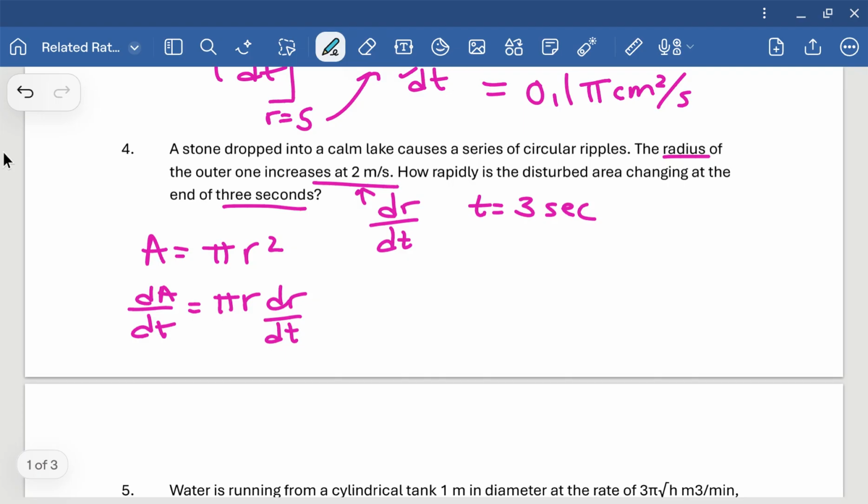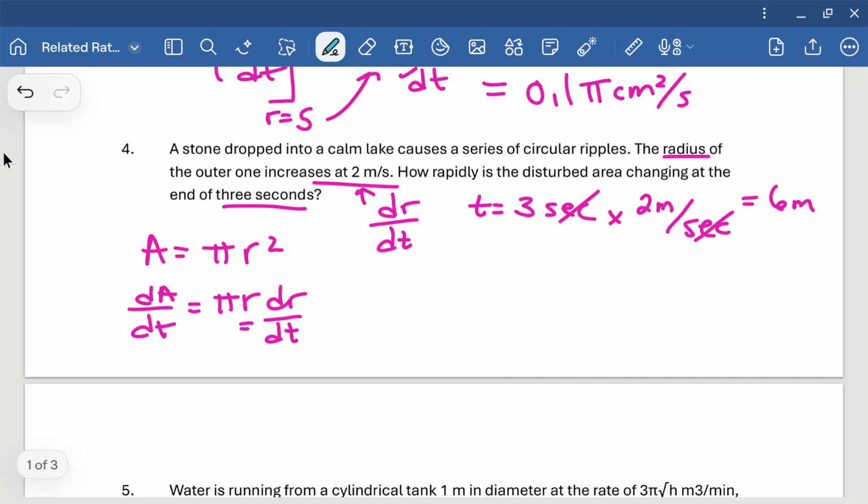The other part that we can take a look at is that we actually can find r at 3 seconds. We can use some unit analysis here: if we have 3 seconds and we know it's increasing at 2 meters per second, if you multiply that, it would be 6 meters for our radius, right? Because this was a dr over dt value.